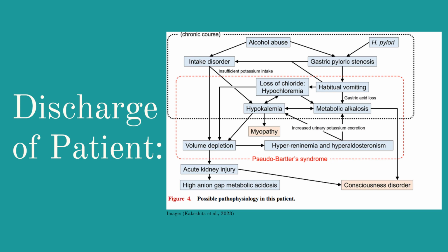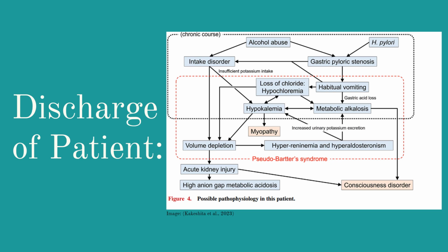So the chart on this page shows the possible pathophysiology of this patient, showing the alcohol abuse and the intake disorder because they weren't eating the way they were supposed to. Obviously, gastric pyloric stenosis is going to come into play here. The loss of chloride is your hypochloremia. That comes from your habitual vomiting. Your hypokalemia leads to your metabolic alkalosis. That also leads to myopathy.